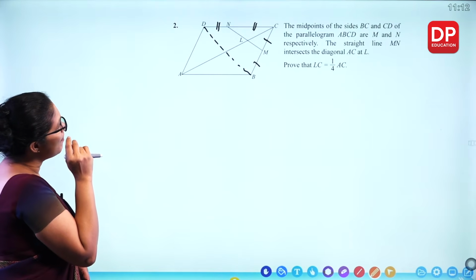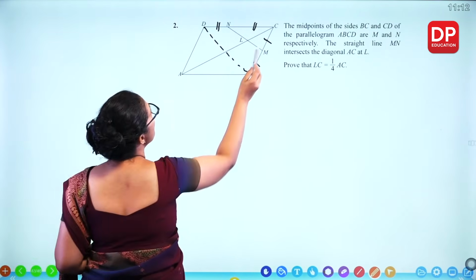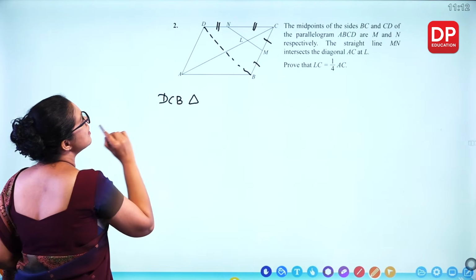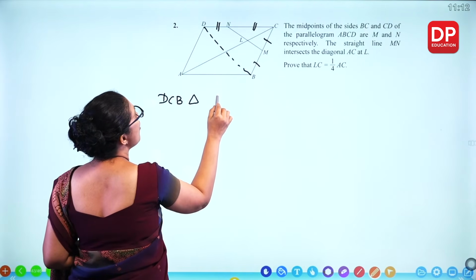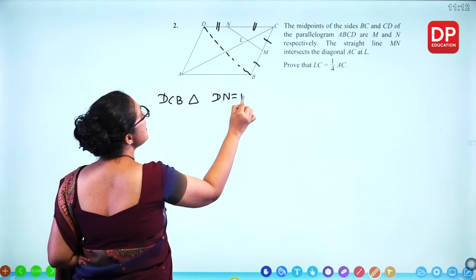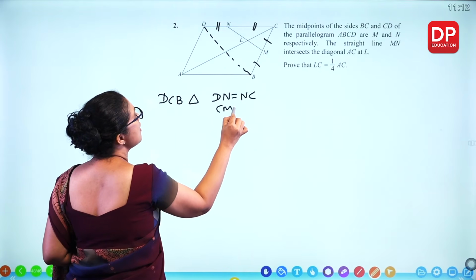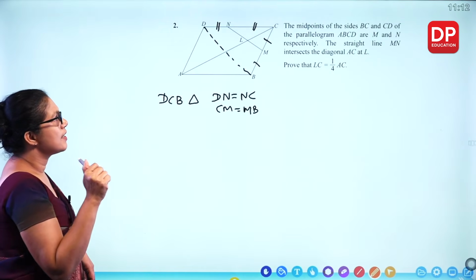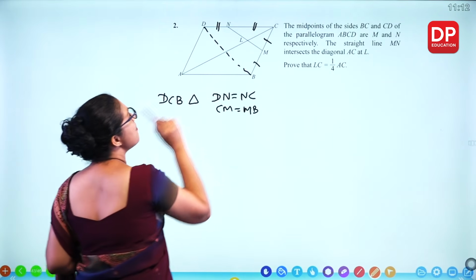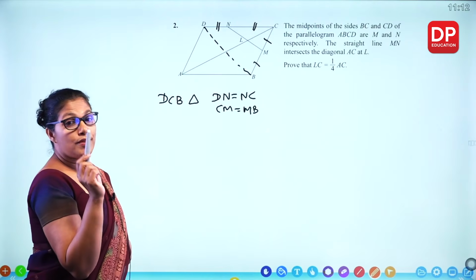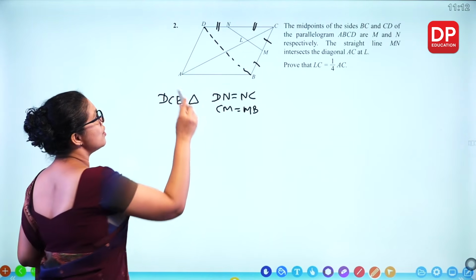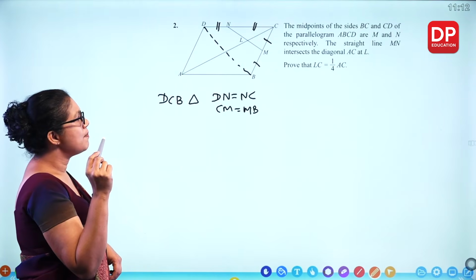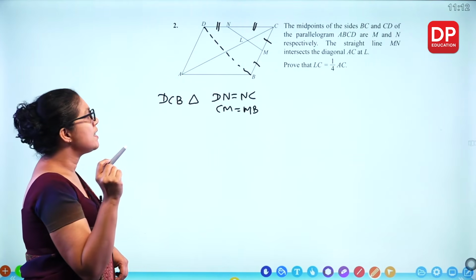What can I say about DCB triangle? This is the midpoint, DN equals NC and CM equals MB. Midpoints connect with NM line. So that's parallel to DB as well as the length is half of DB according to midpoint theorem.